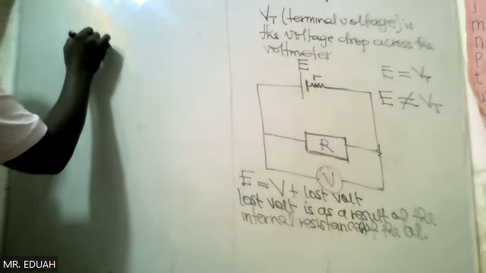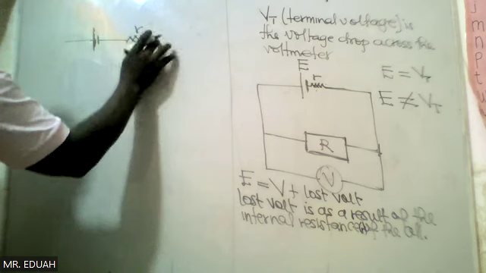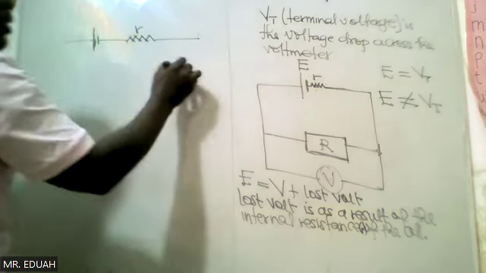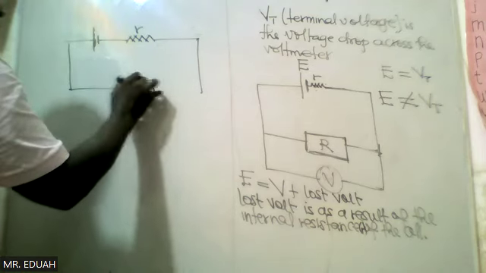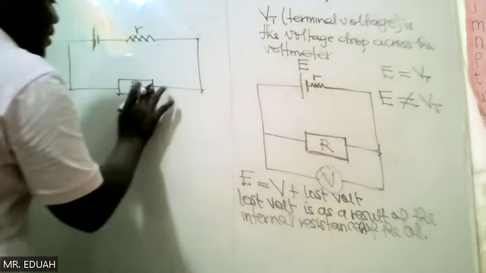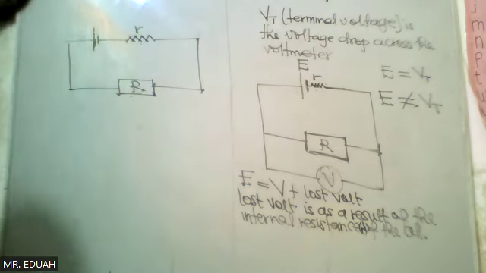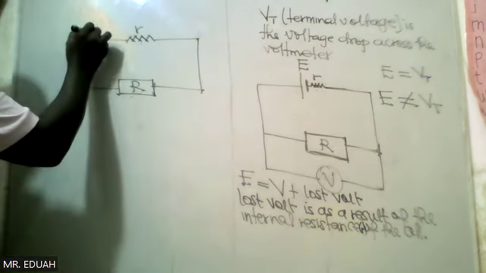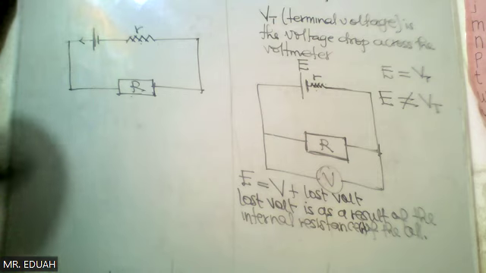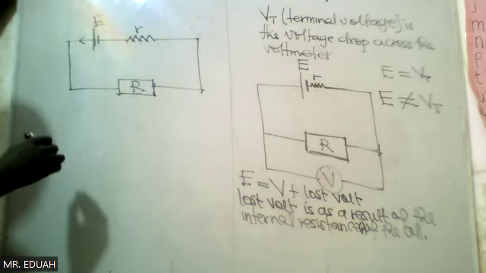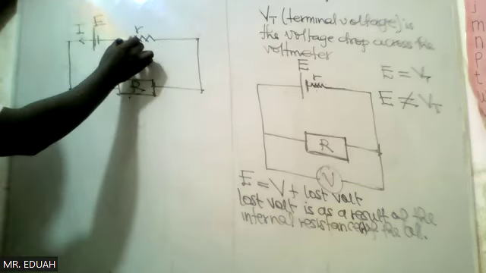The circuit always appears as if the internal resistance small r is also in series with the external resistor big R. Now, when you close the circuit, current flows through it. The current I passes through R and also passes through small r.